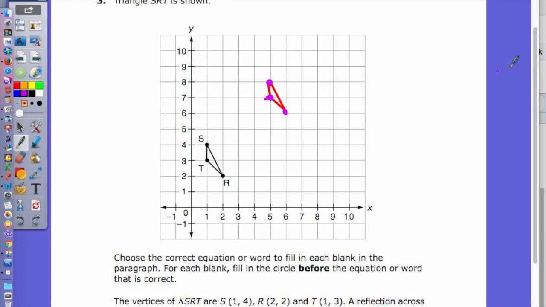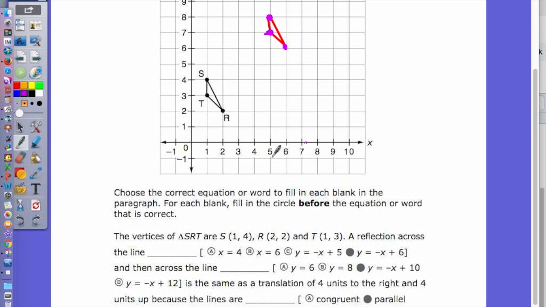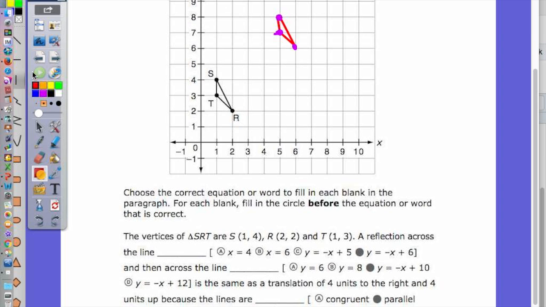Okay. So I can see that they say they're going to do 2 different sets of reflections. We learned 2 rules about lines being reflected. We learned that if something is reflected over 2 lines that are perpendicular to each other, it's the same as a what? Does anybody remember if they're interested? Translation. 180 degrees.